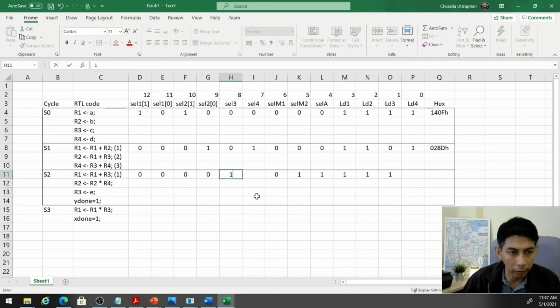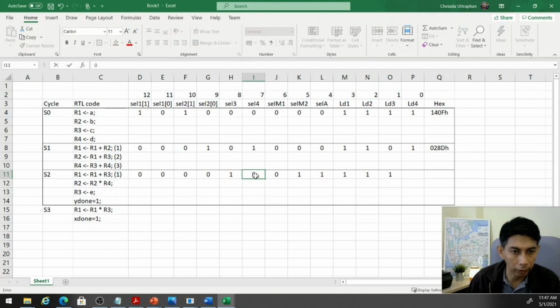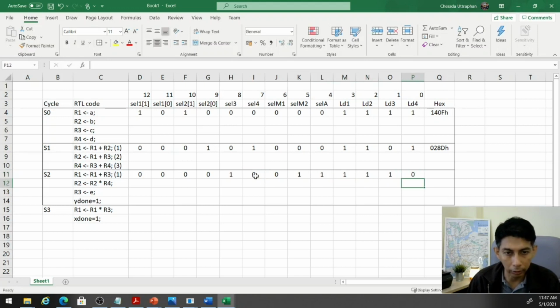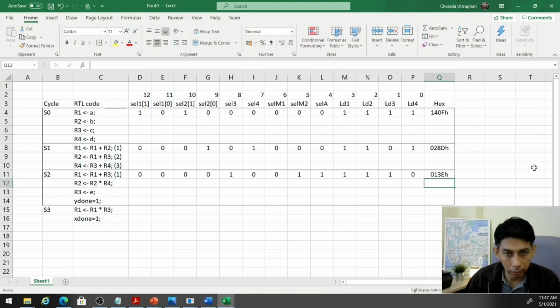SEL3 must be 1 here. And here, any other operation? No, we don't have. So this should be 0, and this should be 0. So the last one this should be E, this should be 3, this should be 1 0. So 1 0 0 1 3 E H in the hex.